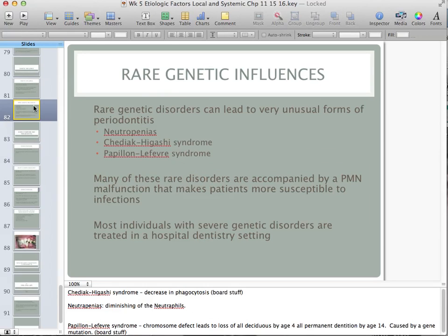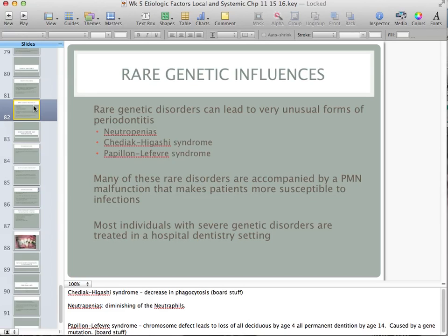Then you have Chediak-Higashi syndrome. This is a decrease in phagocytosis, so very similar to neutropenias. And then Papillon-Lefèvre syndrome. That is a chromosome defect that leads to loss of all deciduous teeth by age 4, and then you grow in your permanent teeth fast and you lose those teeth too.